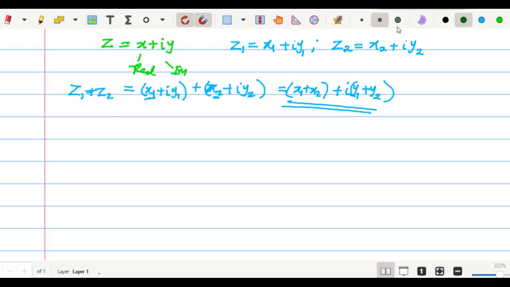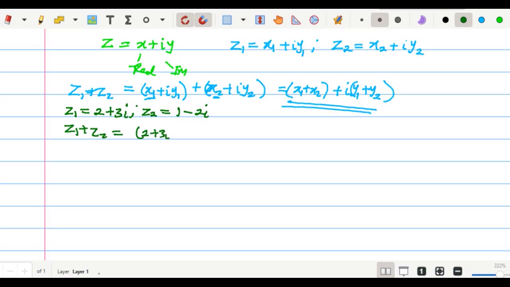So now, for instance, let's say you are given it in numbers. You are given z1 to be equal to 2 plus 3i, and then you have z2 to be equal to 1 minus 2i.